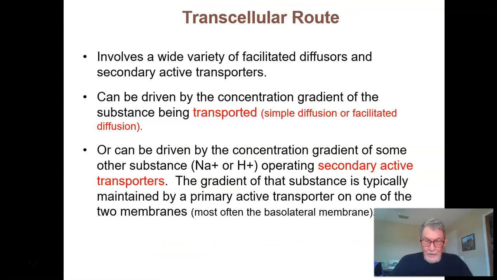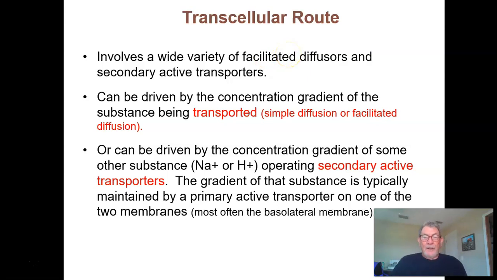The transcellular route means the real thing, where your cells have importers and exporters so that you're moving stuff from the tubule inside the cell, then outside the cell and back into the blood. Use every kind of transporter that we learned in A&P 1.